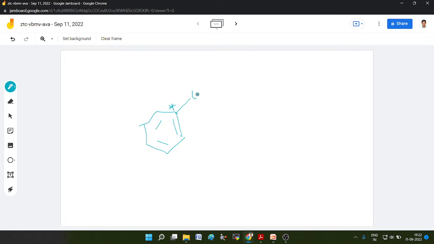Now what will happen? Cl is there, hydrogen is there, and we will get an intermediate, benzyne. If you are interested, go look at the structure of benzyne. This pi electron is not conjugated with the other; basically it's in a p orbital. So what we have is this.